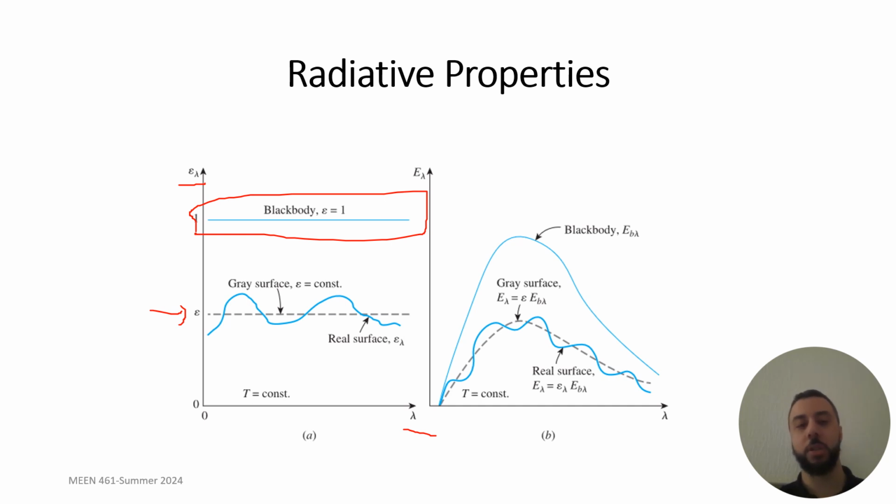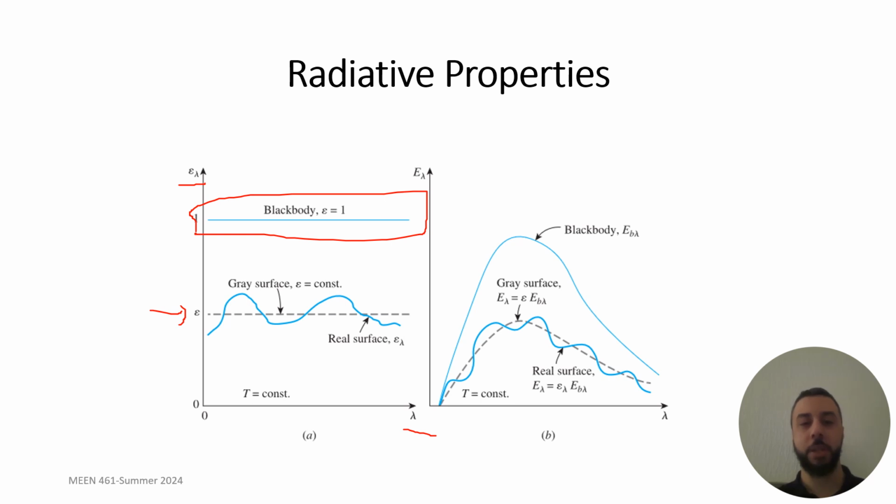So that's why you can see that it goes up and down and it's not constant. It just depends on the surface properties. So whatever epsilon that we use for a gray surface, it's like an average emissivity. It's not a fixed emissivity. It's going to be some kind of average because it varies with the surface.